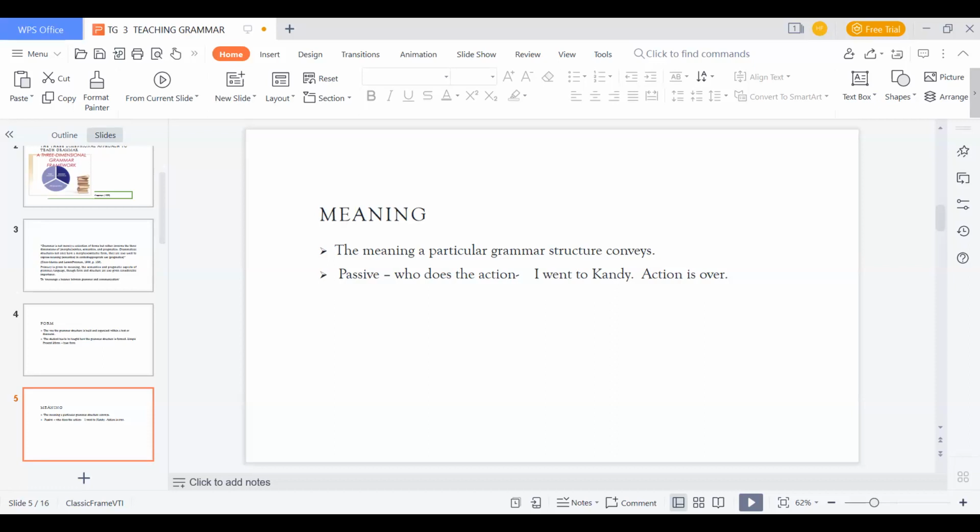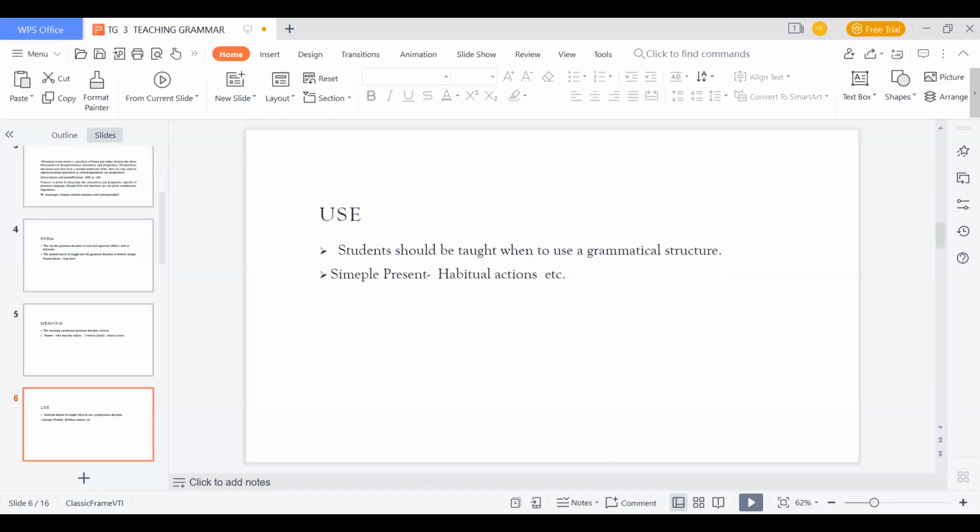I hit Mala. So who is the doer? It's I, the subject. Who is the sufferer of the action? It's Mala. So you put it into passive and say Mala was hit by me. Then you should know it's not Mala who hit me, but I hit Mala, though Mala comes as the first subject of the sentence there. So you should know the actual meaning. I went to Kandy, you should know the action is over. So of course you have to communicate. You have to teach your students with the grammar structure.